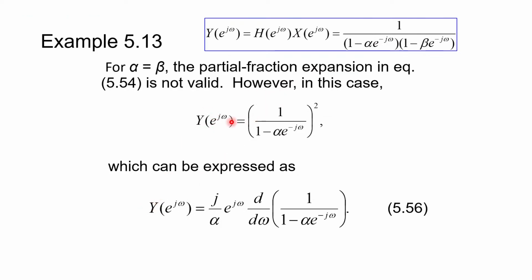Y of e to the j omega being 1 over something squared, you have 1 over something and you do a differentiation on omega, and then you get a square here, and then there are other constant terms. All the constant things you sort out, it will be j over alpha, and also when you do differentiation on e to the j omega, you get e to the j omega.